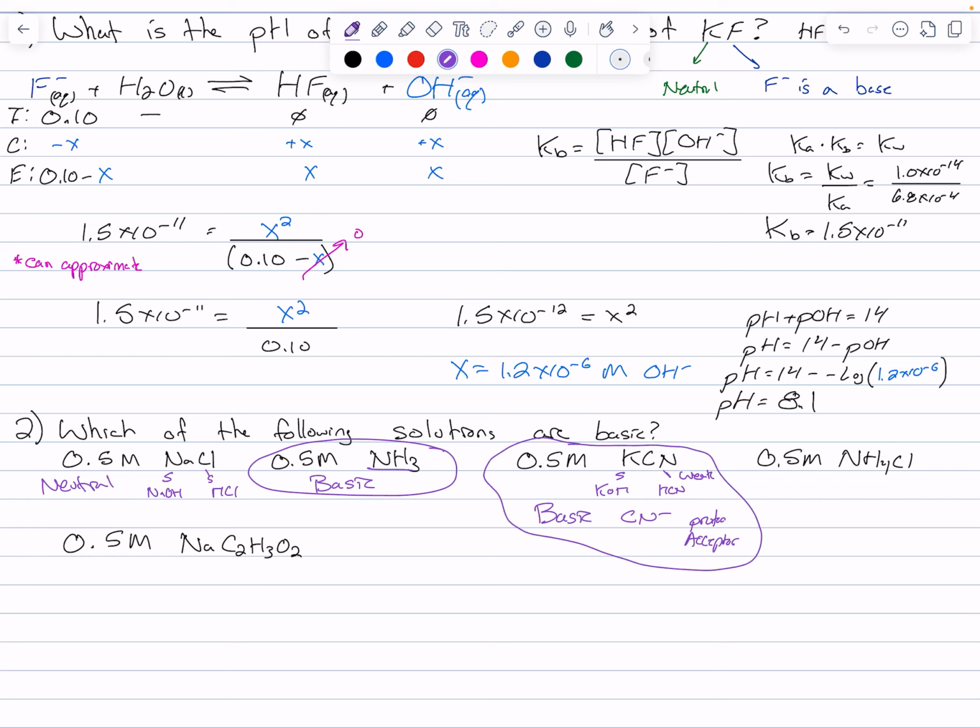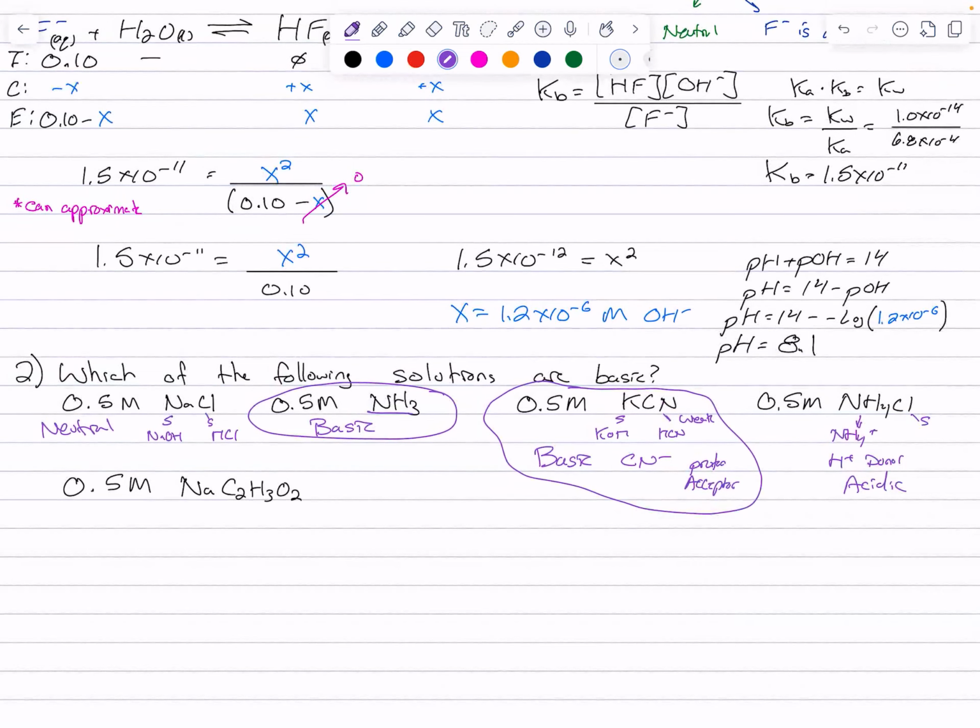Ammonium chloride. Chloride is strong. But ammonium, NH4 plus, that's a proton donor. It means it's acidic. So that one's not basic, it's actually acidic.